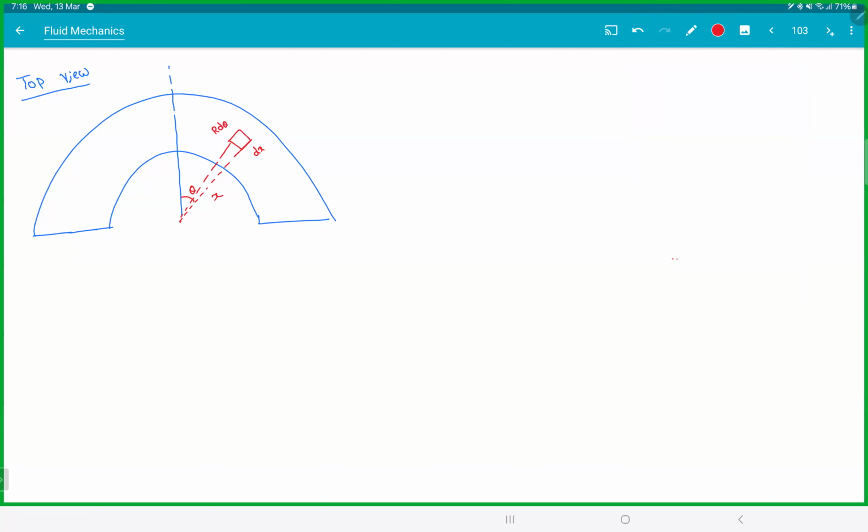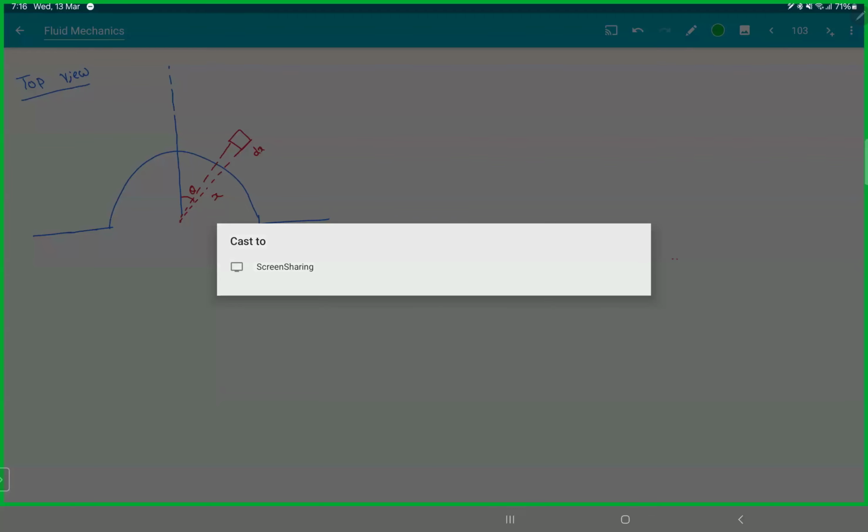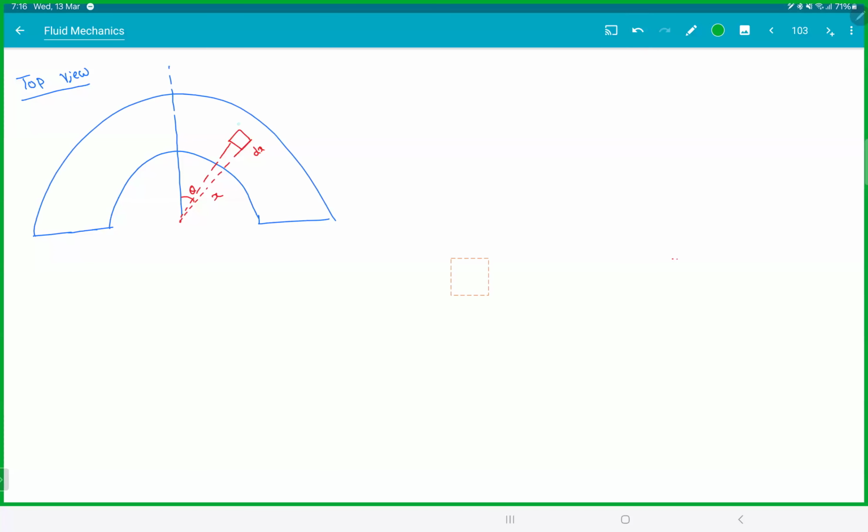You get a piece like this. This piece will be r d theta, and this piece has a velocity v dash. You get a small cuboid where this is dx, this is t, and this is r d theta, or x d theta in this case.